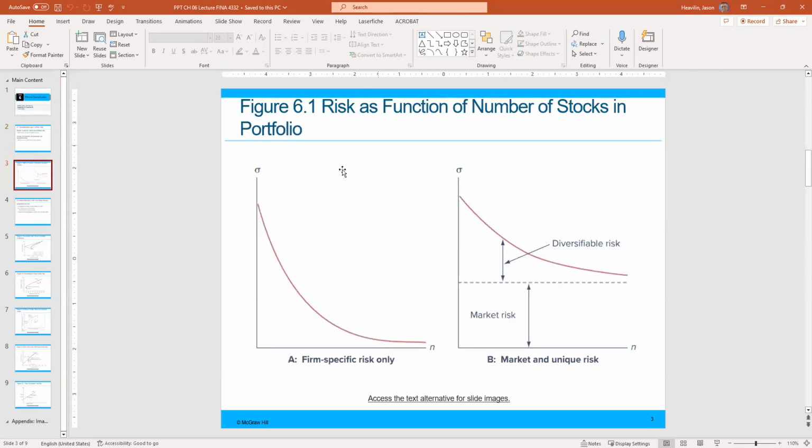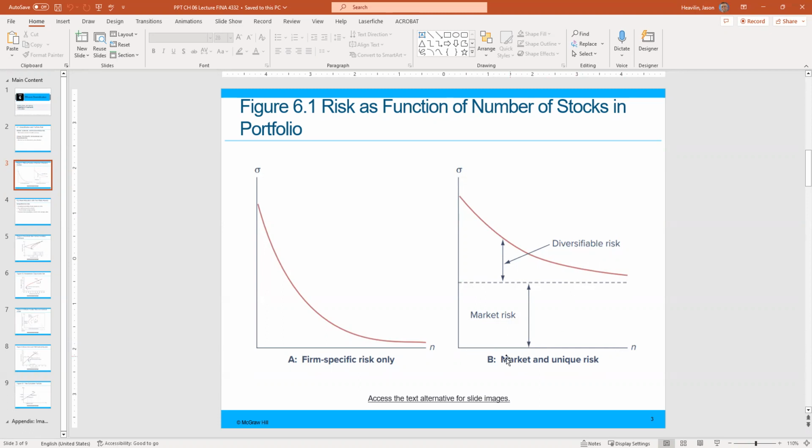Okay, so this is a graph, so we can start to understand this diversifiable risk or firm-specific versus market risk. Let's look at the one here on the right first. So what we're saying is that if you start combining stocks from different companies, you can reduce the unique risk, the firm-specific risk, the diversifiable risk, as you see here.